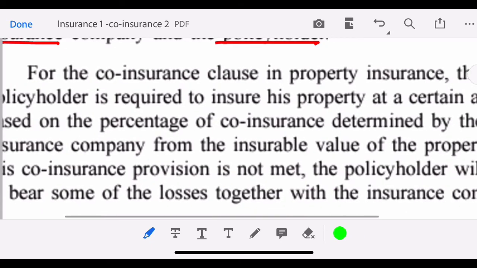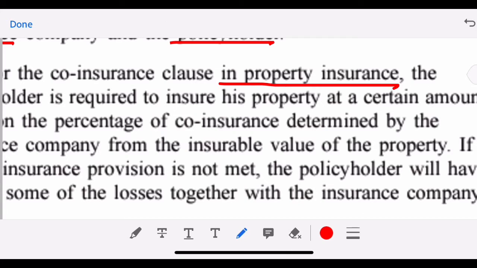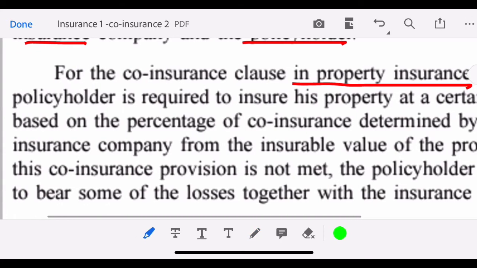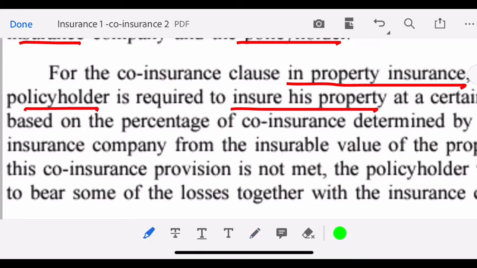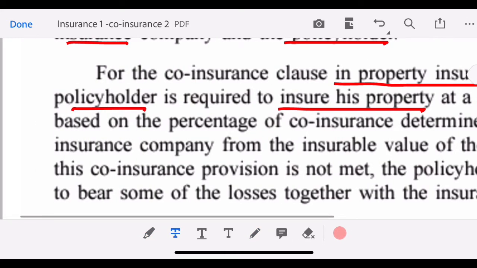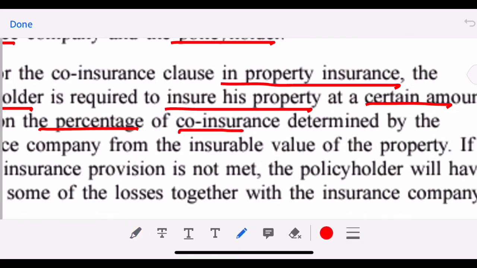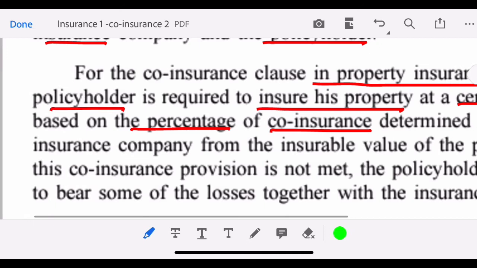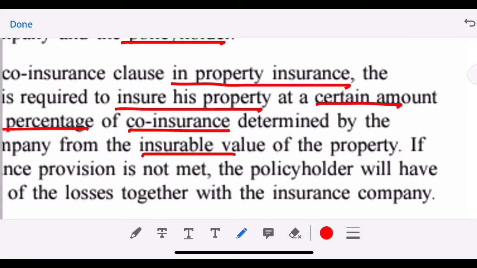For the co-insurance clause in property insurance, which is very common, the policy holder is required to insure his property at a certain amount, based on the percentage of co-insurance determined by the insurance company from the insurable value of the property.